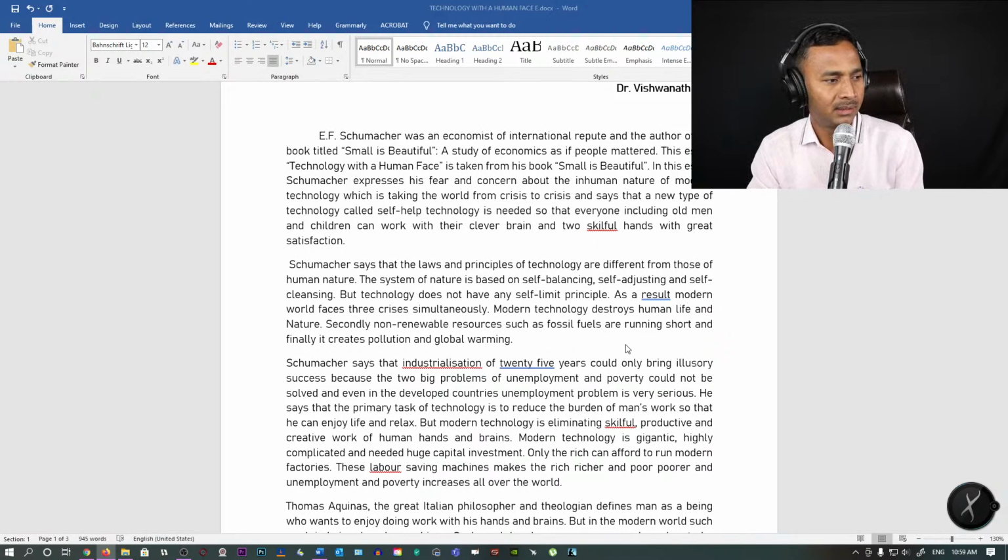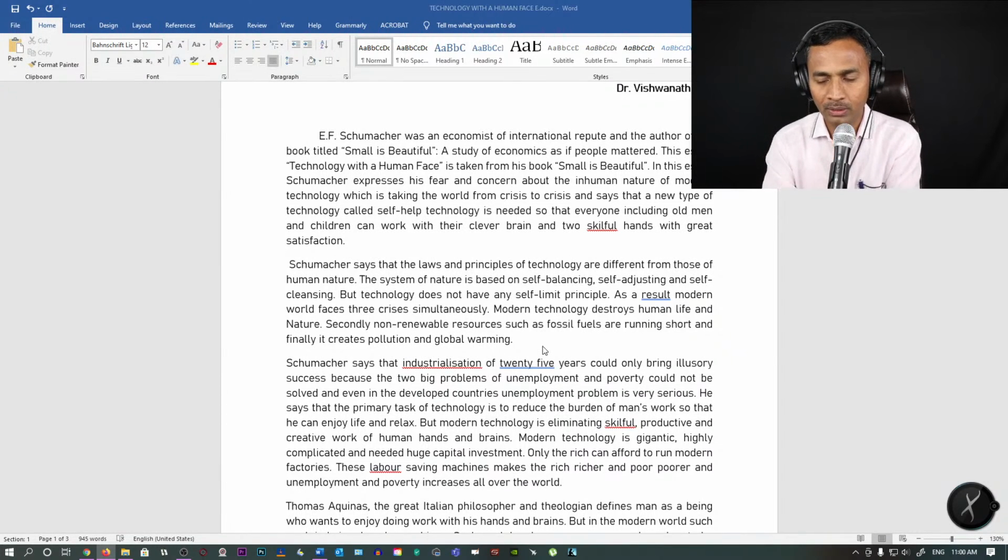As a result, the modern world faces three crises simultaneously. Now this is important, keep this in mind, and if you have a notebook you can write it down. Modern technology destroys human life and nature. This is the first crisis. Secondly, non-renewable sources such as fossil fuels are running short. And finally, it creates pollution and global warming.